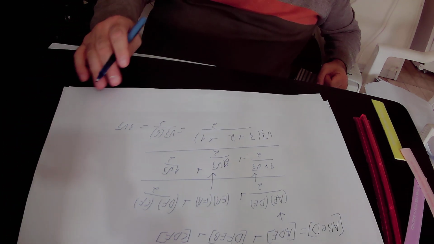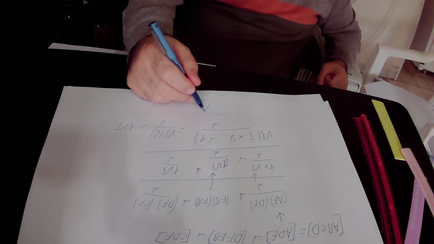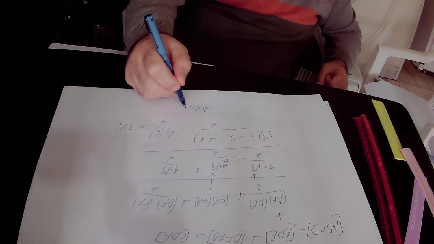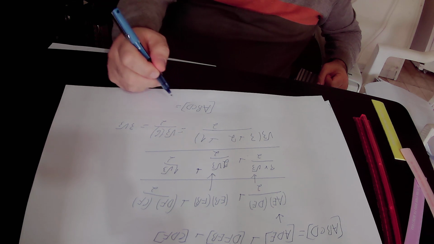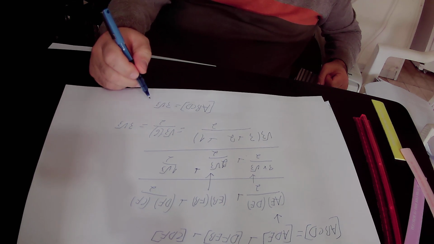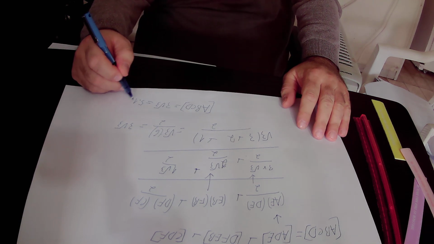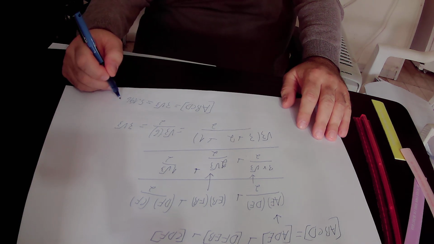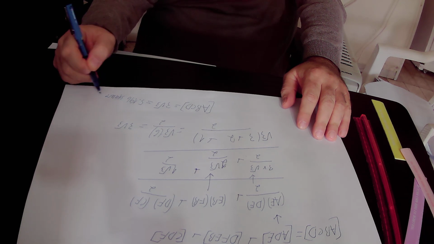So we actually found out that the area of quadrilateral ABCD equals either 3 times square root of 3 square units, or in terms of numbers, it equals 5.196 square units.